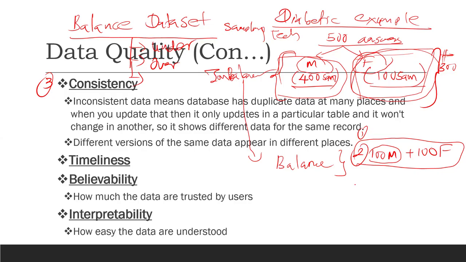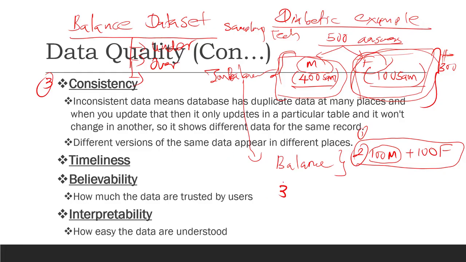If you have more data, then you have more knowledge. That is the theory nowadays. If you have data, that is your money. If you convert the data into knowledge, that is your intellectual property. So if you reduce 400 male records to 100, deleting randomly 300 samples, this is also one way of balancing data.